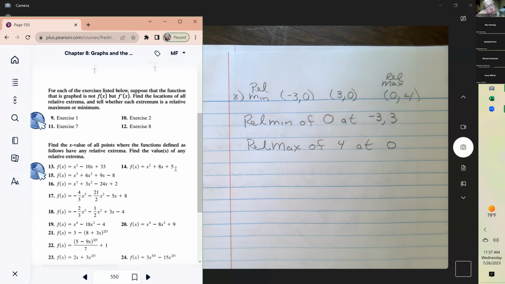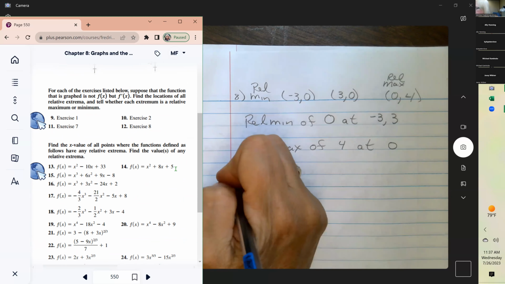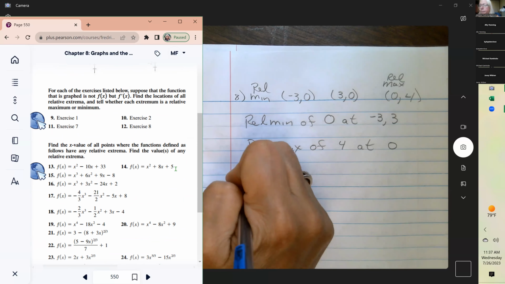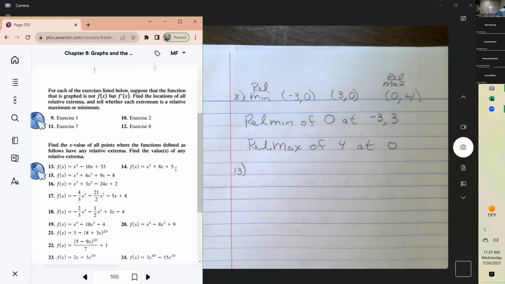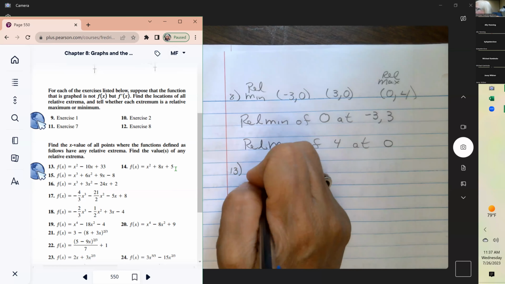Okay, number 13. Find the x value of the points where the function defined as follows have any relative extrema. So we look at number 13.